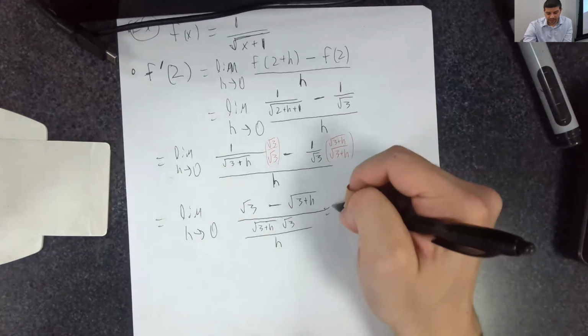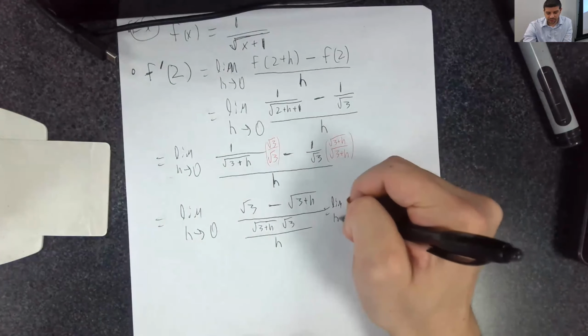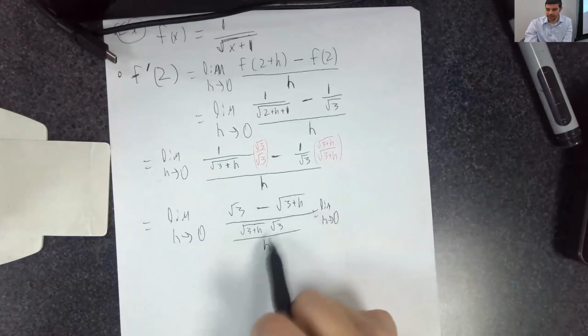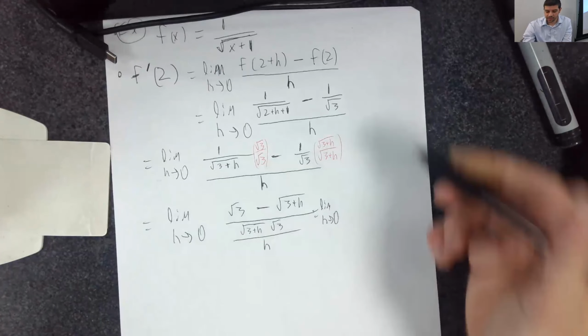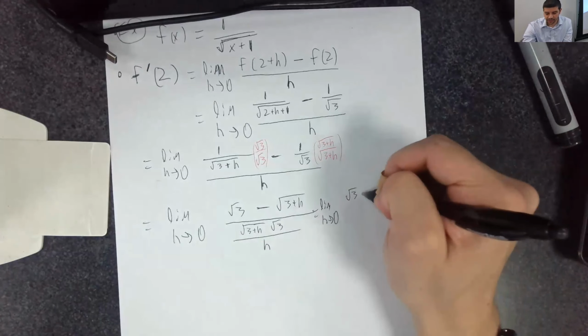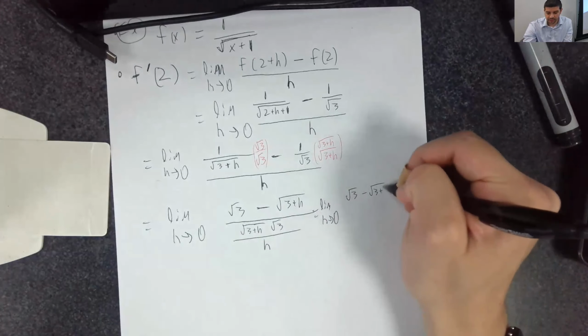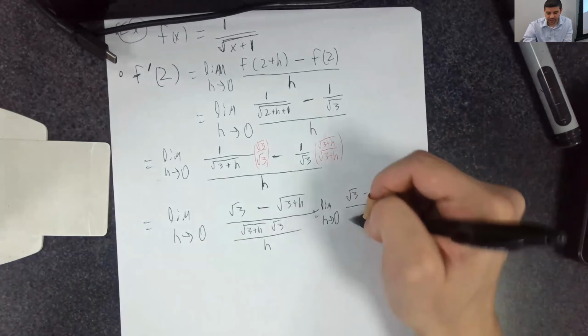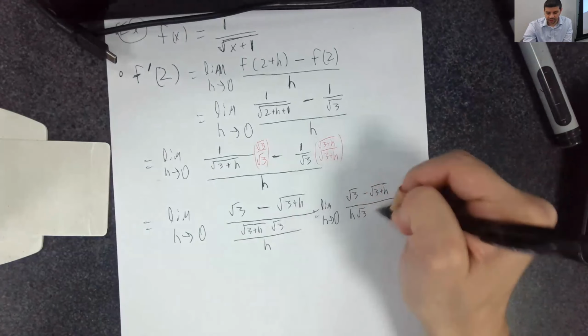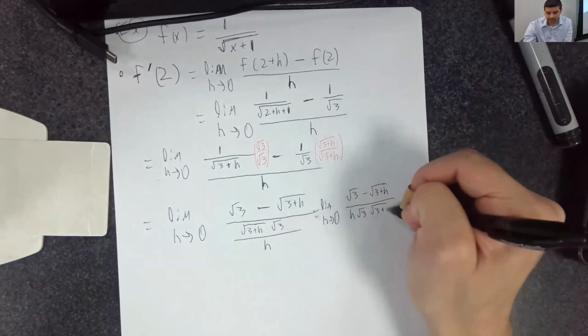I could do the same thing as before and combine fractions with the h. So rad 3 minus radical 3 plus h, divided by h rad 3 radical 3 plus h.